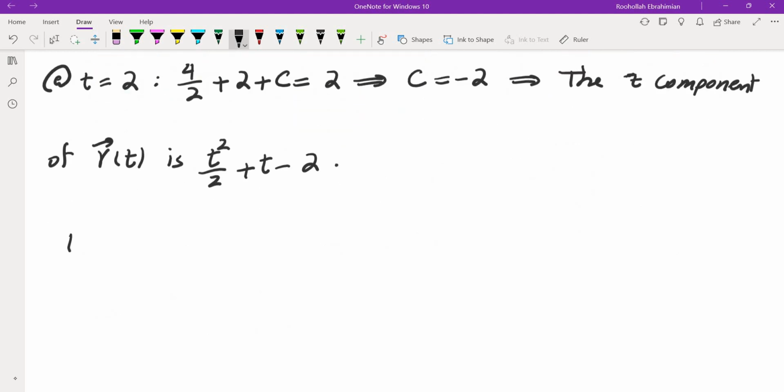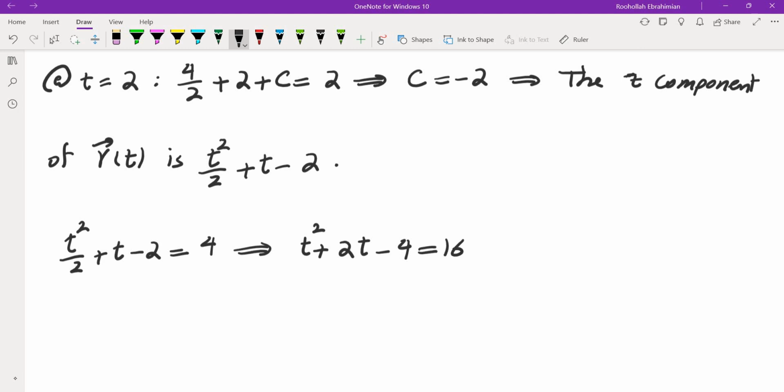So we need t squared over 2 plus t minus 2 to be 4. So we'll clear the denominator. We get t squared plus 2t minus 4 equals 8. So that gives us t squared plus 2t minus 12 equals 0.